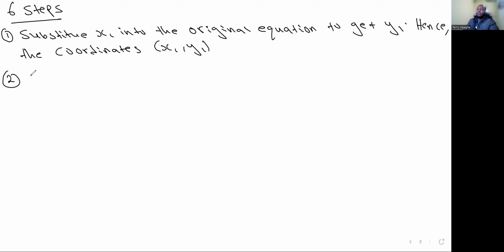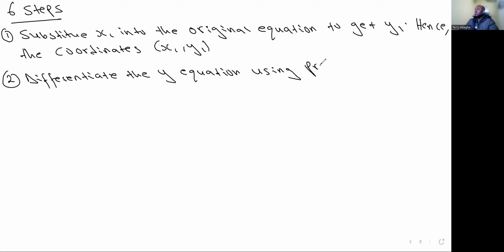And when you're done with that, you then have to differentiate the y equation using all the previously discussed differentiation mechanisms.